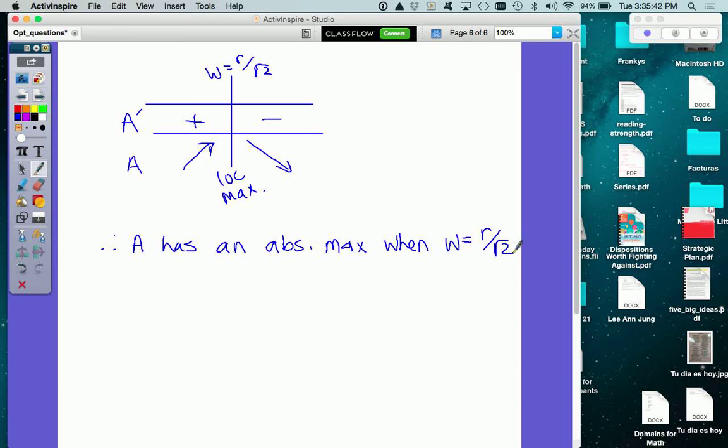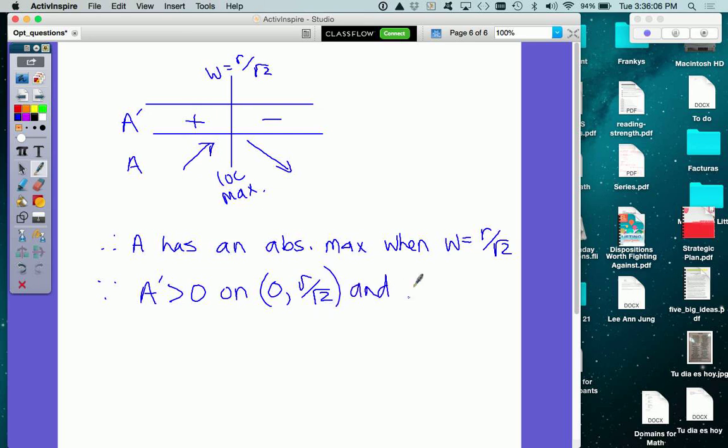The reason for that is because we know that A prime is positive, which means A is increasing, not just to the left of w equals r over root 2, but everywhere to the left of it. In other words, on my whole domain, from 0 to r over the square root of 2.